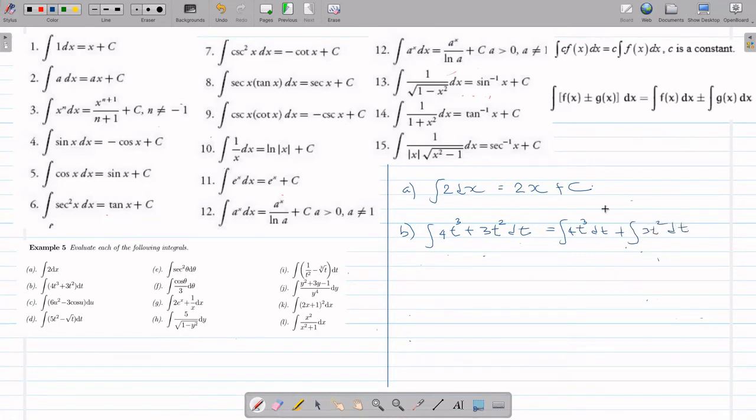The rule says integration of a sum equals the sum of integrations of the individual functions. If there is a constant inside, I can pull that constant out of the integration sign. So I can pull out the 4, and now only t cubed is inside the integration. Here I can pull out 3.